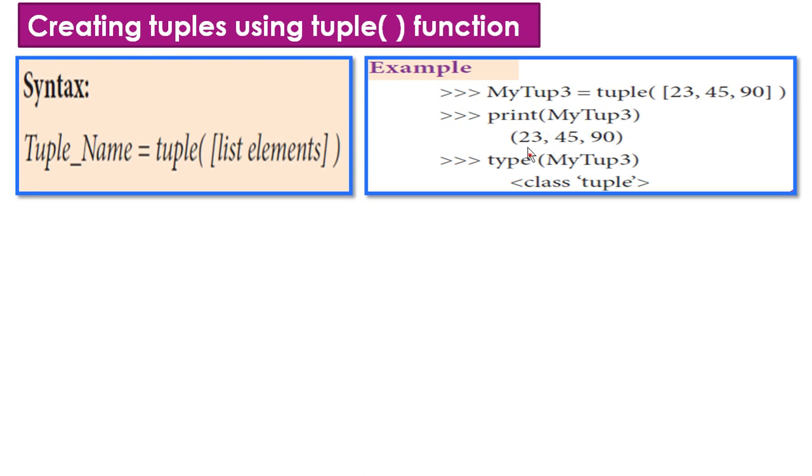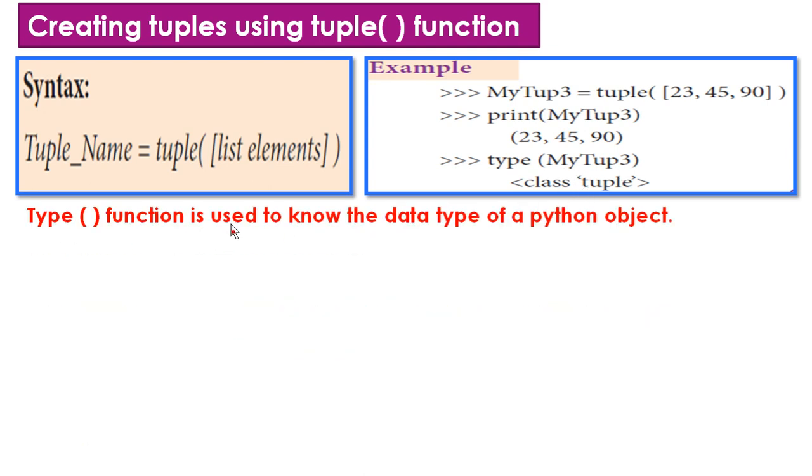Printing this myTup3, we get the tuple 23, 45, 90. We can find out the type of the tuple by using the type function, type of myTup3, that generates the result class tuple. So this is the data type tuple. The type function is used to know the data type of a Python object.